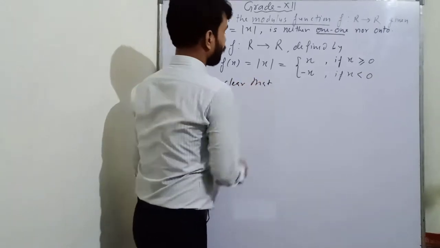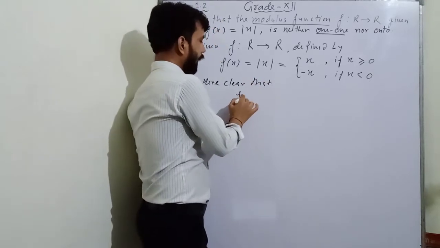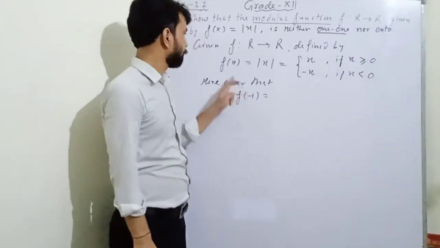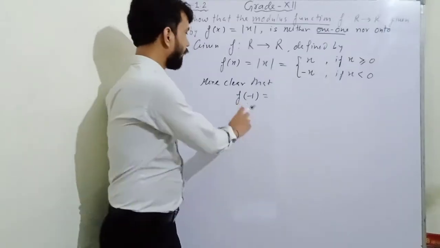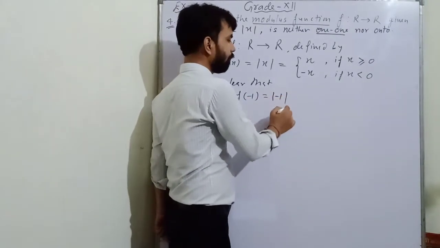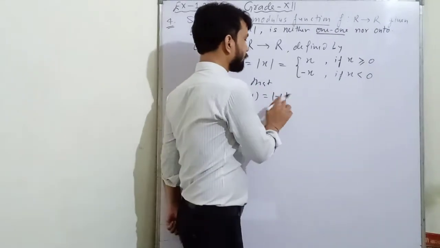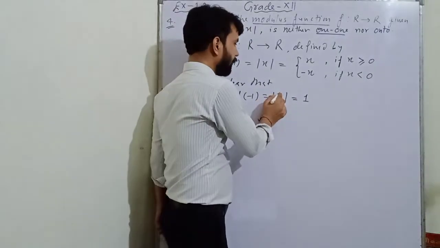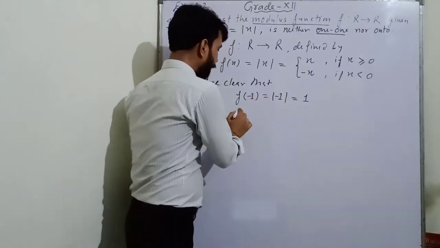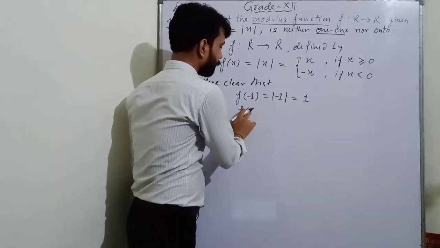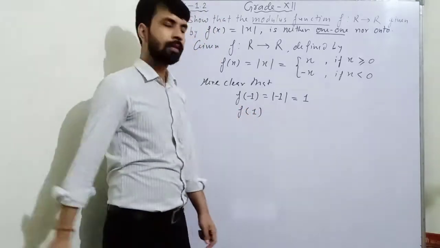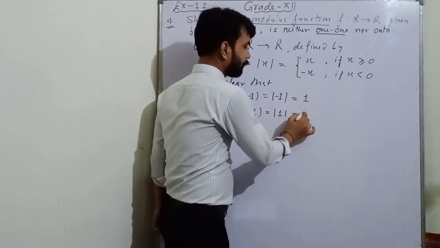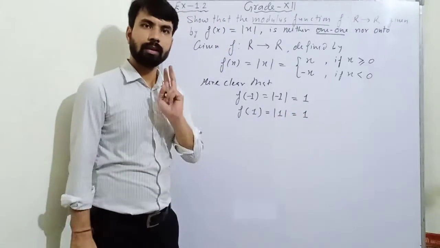But we know that if I am taking f(-1), since f(x) equals modulus x, f(-1) equals mod of minus 1, and mod of minus 1 always gives you positive 1. Am I right? Similarly, if I am taking f(1), then it is equal to modulus of positive 1, and its result will also be 1.